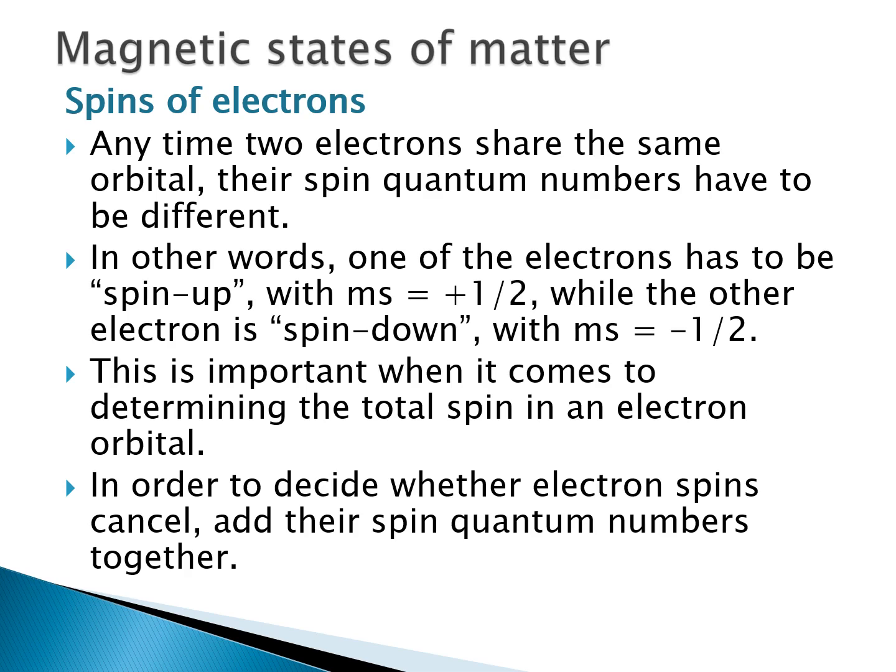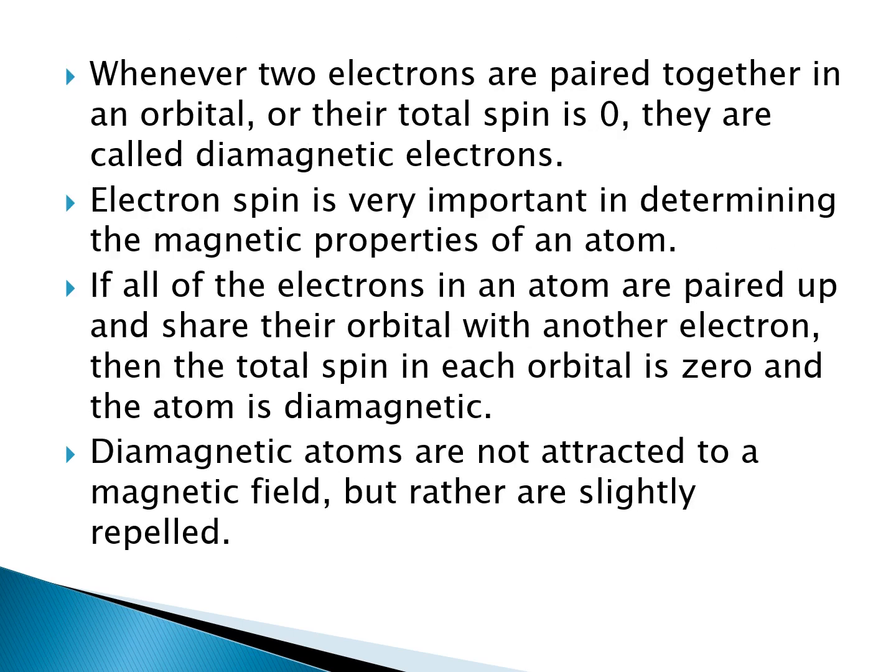In order to decide whether electron spins cancel, add their spin quantum numbers together. When two electrons are paired together in an orbital, their total spin will be 0 because one electron will have spin up and one will have spin down.